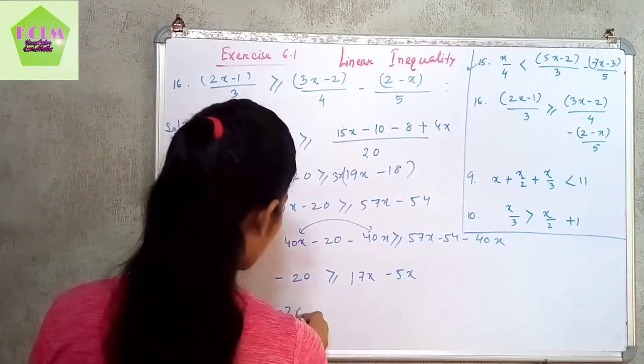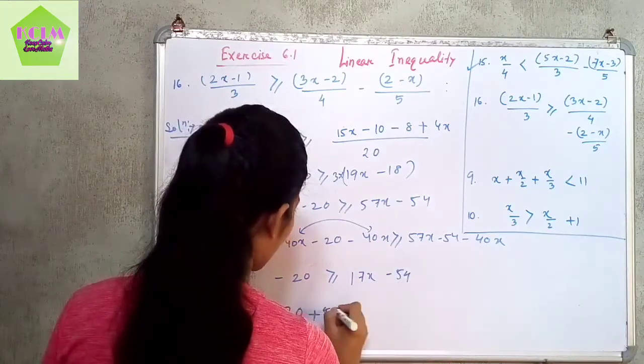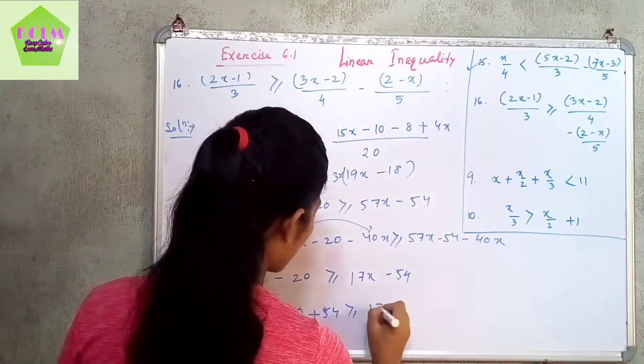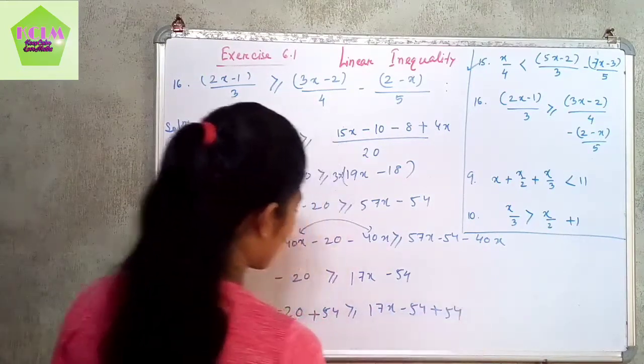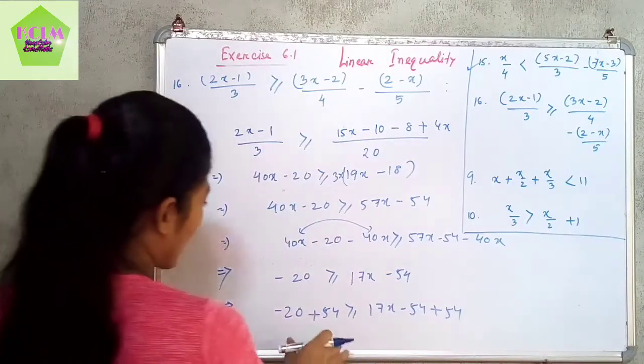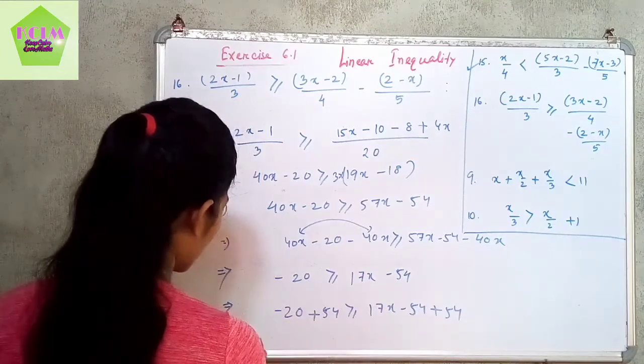Again, minus 20 plus 54 greater than or equal to 17x minus 54 plus 54. That means we add plus 54 on both sides to balance this inequality.